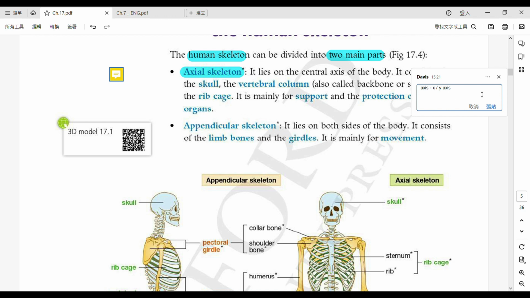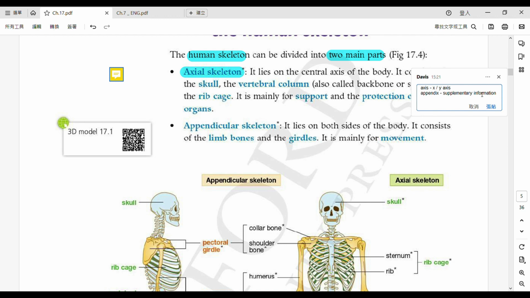And then there is another word, as you can see here. I'm not able to highlight it yet, but anyways, we say 自己讀啦 appendicular. Appendicular is very similar to another word. Please write it down. It's called appendix. Appendix 就係指一個嘅附錄啊。Okay, so it's like supplementary information. 一個附錄嚟嘅。Okay, so it's just like addition.